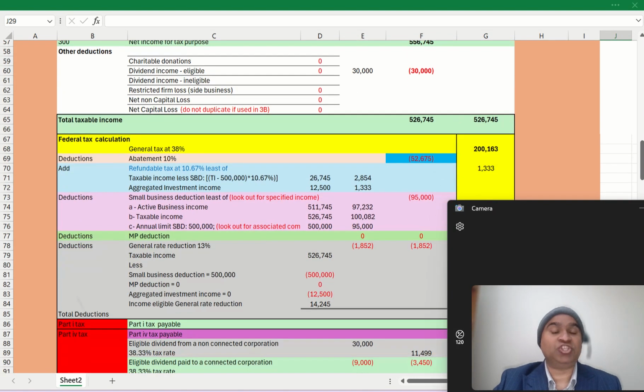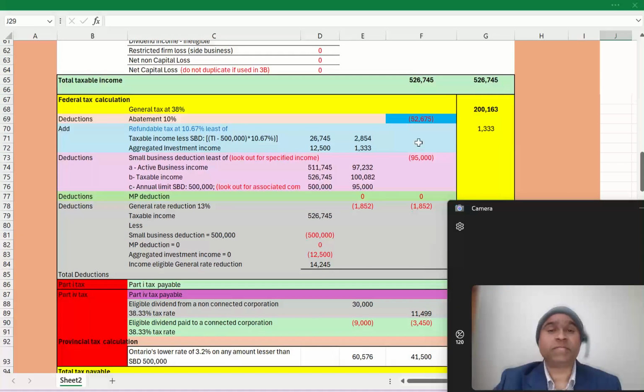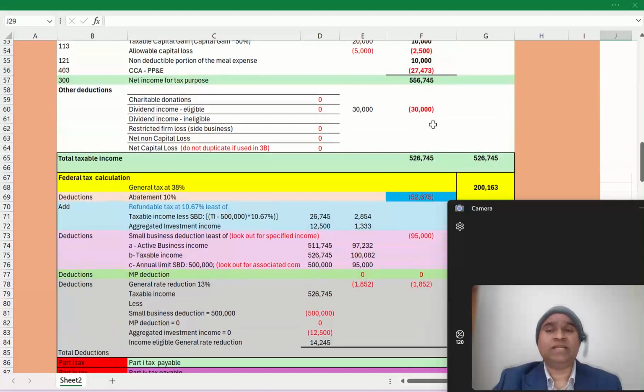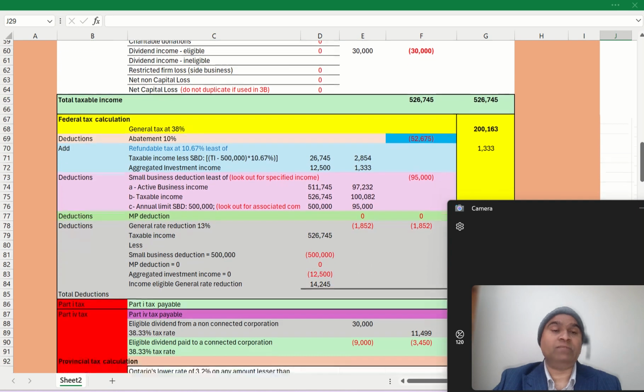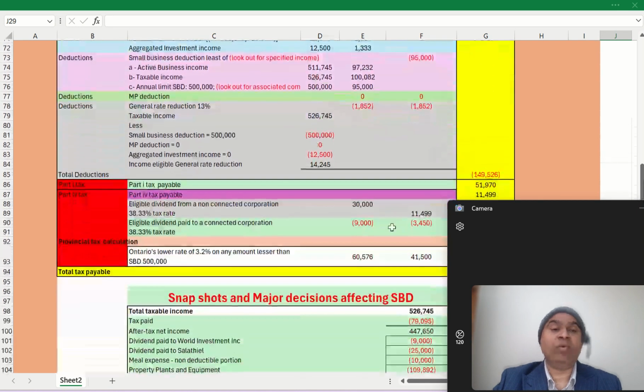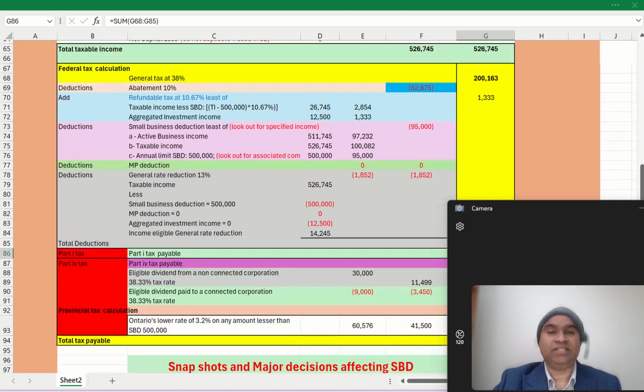I did not change anything to that. As a result of the changes in taxable income, we have now tax payable in part 1 is $51,970.